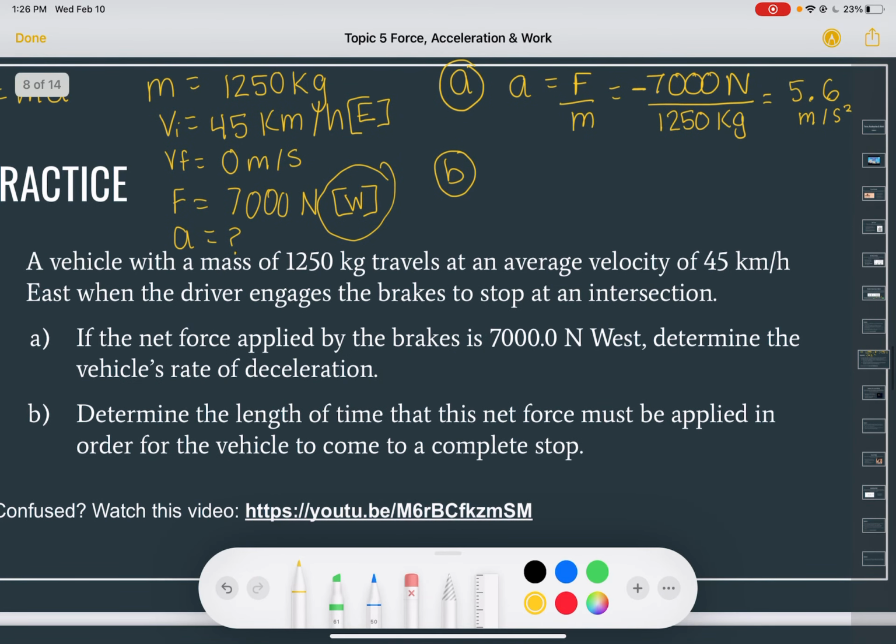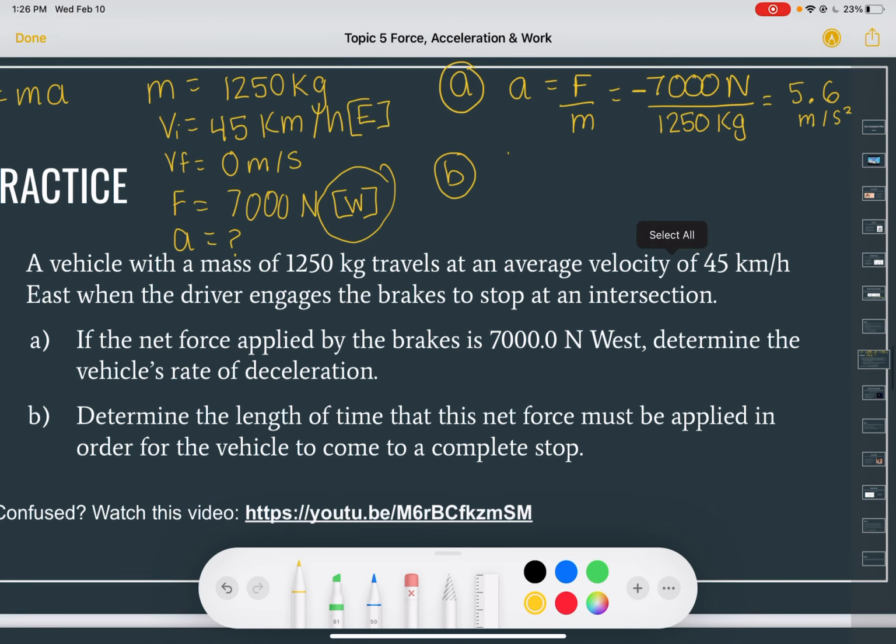So it says determine the length of time that this net force must be applied in order for the vehicle to come to a complete stop. So we're looking for a time. We've got some pieces of information that we can use, and the formula that we're going to use to figure that out is acceleration.